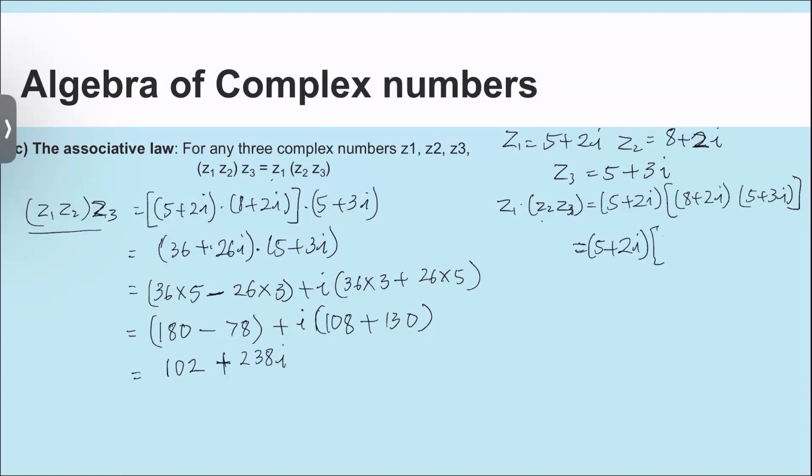So you have AC, that is 8 into 5, minus 2 into 3, and plus, keeping i outside, AD plus BC. So 8 into 3, plus BC, that is 5 into 2.